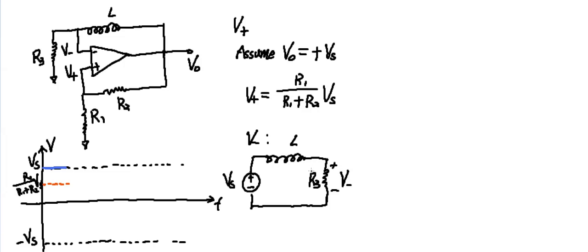We realize that this is a simple first order RL circuit. We can utilize what we learned on RL circuits to analyze its time evolution. So let's assume a simple case that initially V minus is equal to 0. And then we can also analyze what is the final state.